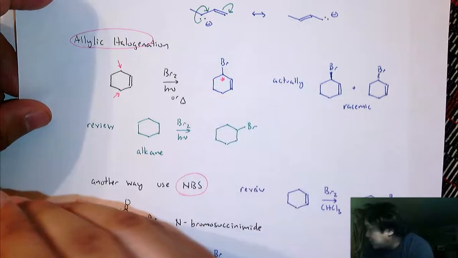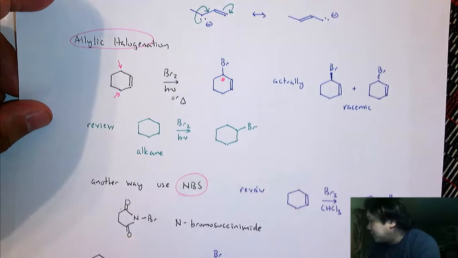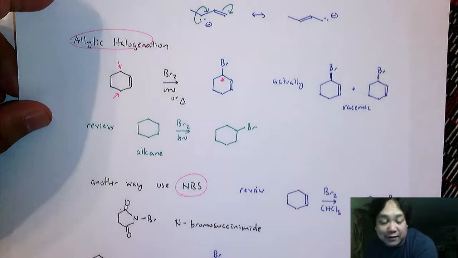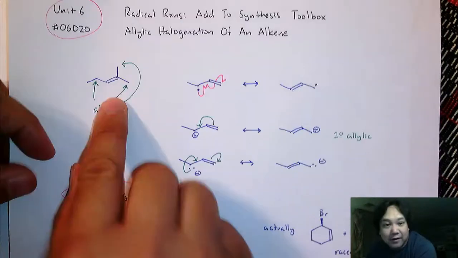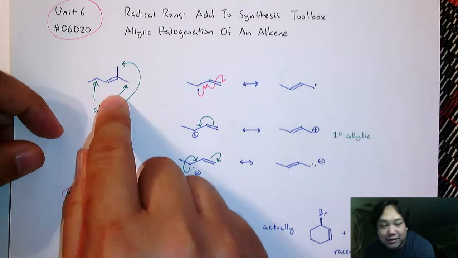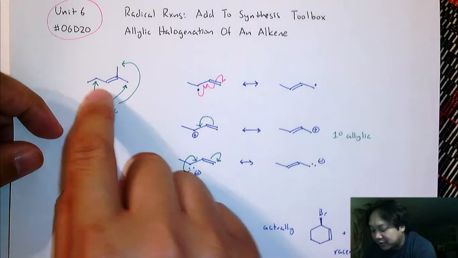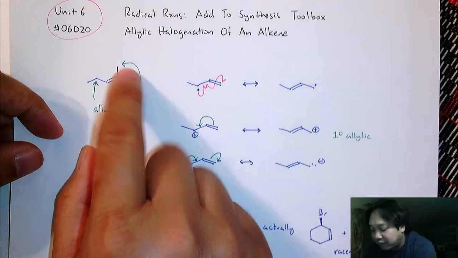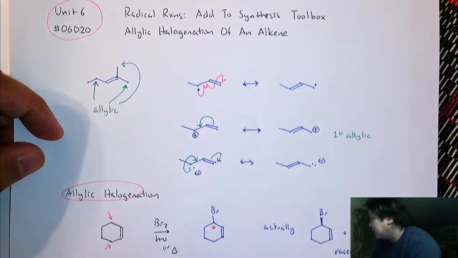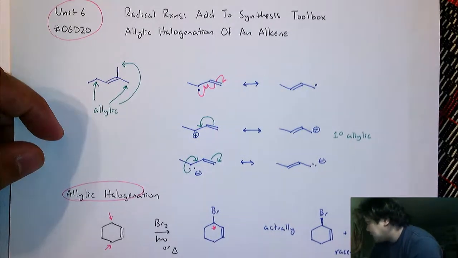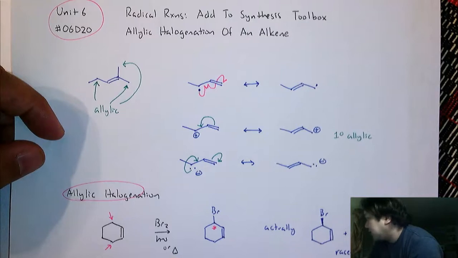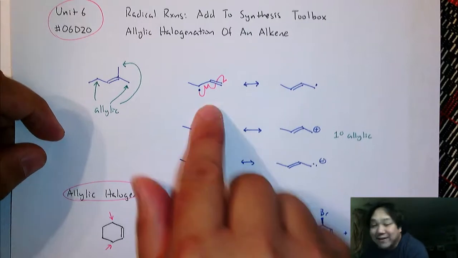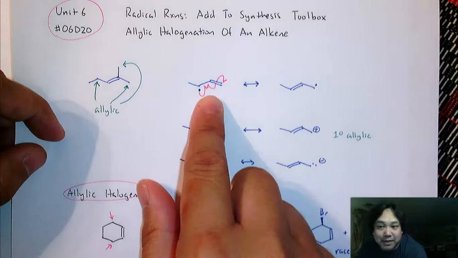But what happens if you have several different allylic positions? Like for instance here, where do I put the Br? Do I put the Br on position 1, 2, or 3? They're all allylic. Not only that, it's going to get a little bit complicated. We also have resonance, what we said at the beginning.